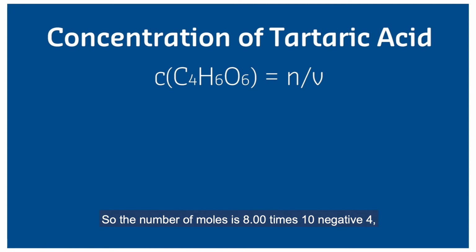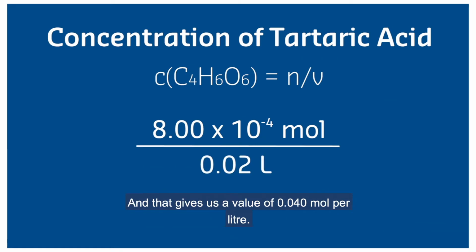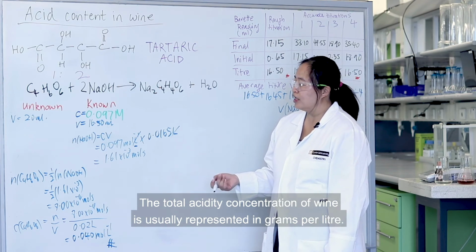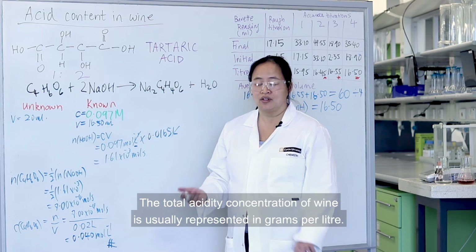The number of moles is 8.00 times 10⁻⁴, and the volume we used was 20 mL, which is 0.02 litres. That gives us a value of 0.040 moles per litre.